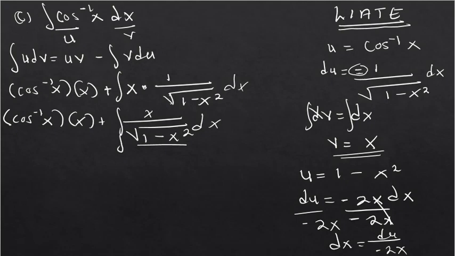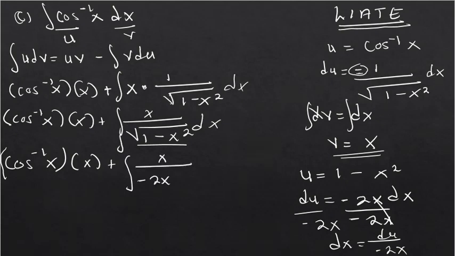So from here, I can do my replacements: cosine inverse of x multiplied by x plus the integral of x over negative 2x then square root of u. That and that must go, and I'll remain with this particular expression.